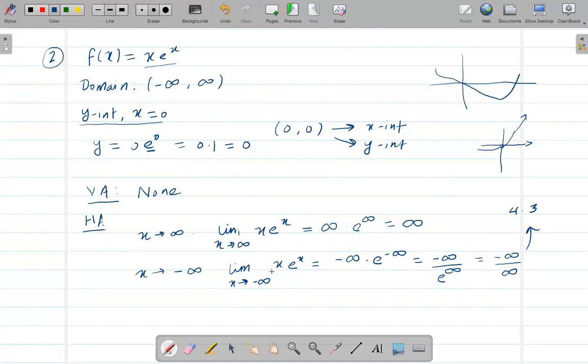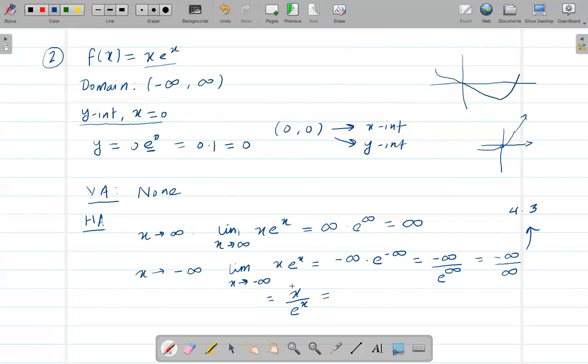Using L'Hopital's rule, I can technically write this as x over e to the power negative x.